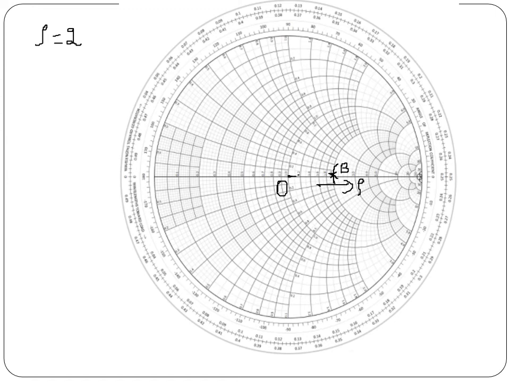Consider OB as the radius and draw the SWR circle for rho equal to 2.